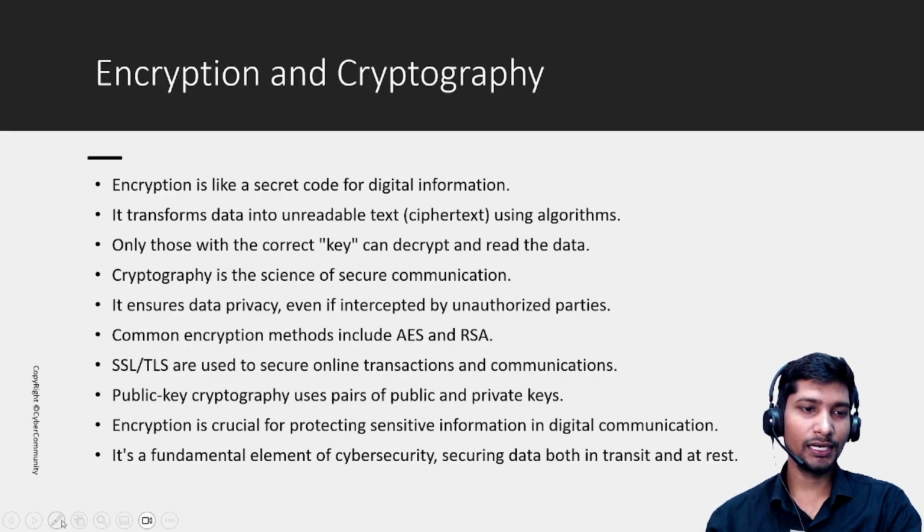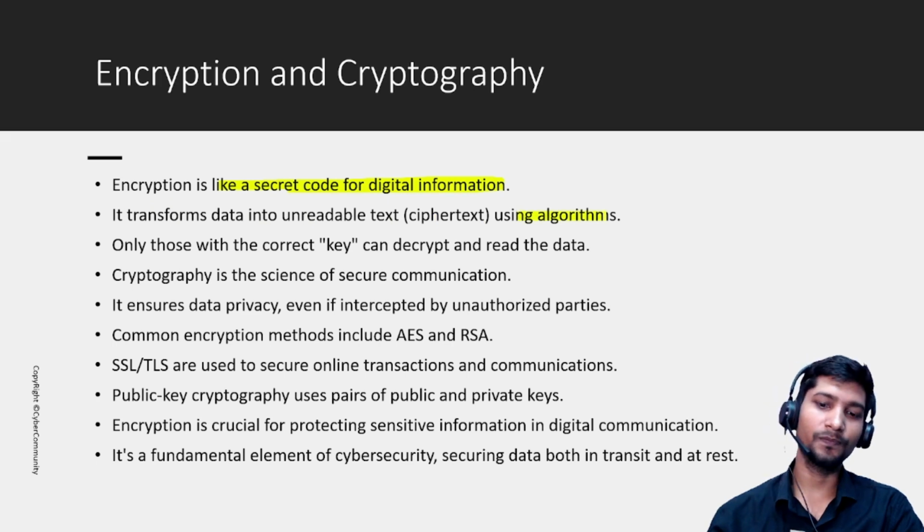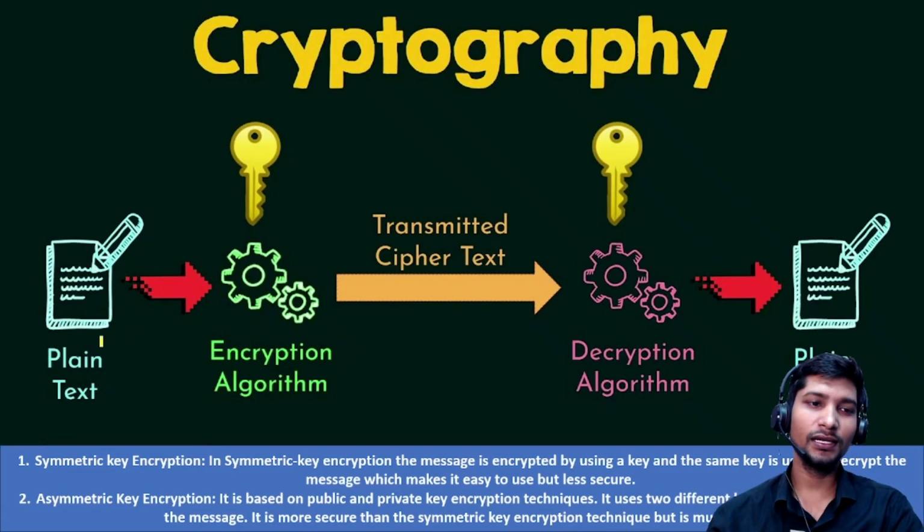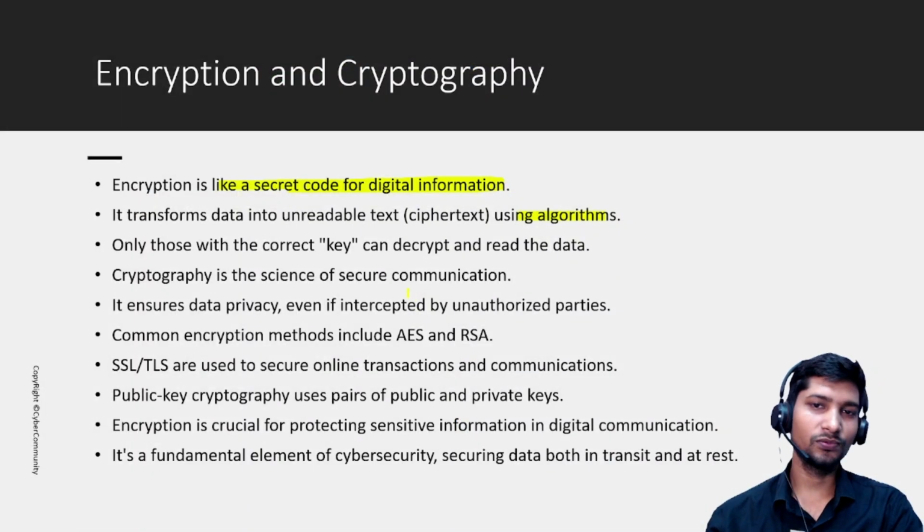Now here are some review points, or revision points. Encryption is like a secret code for digital information, as we were discussing. It transforms data into unreadable text, ciphertext, using an algorithm. In the last figure you can see the plain text has been changed into the ciphertext, correct? Only those with the correct key can decrypt and read the data. This is what I told you in the last slide.